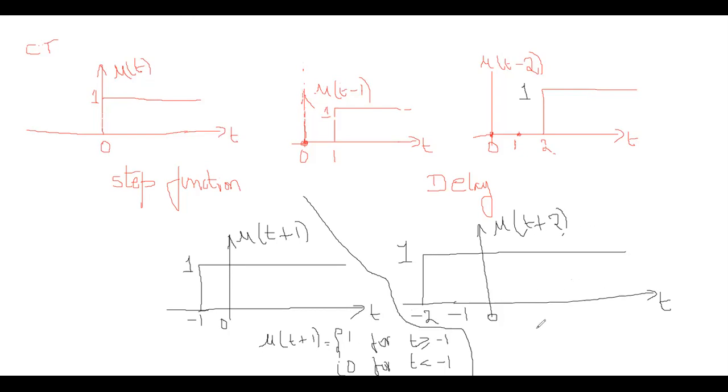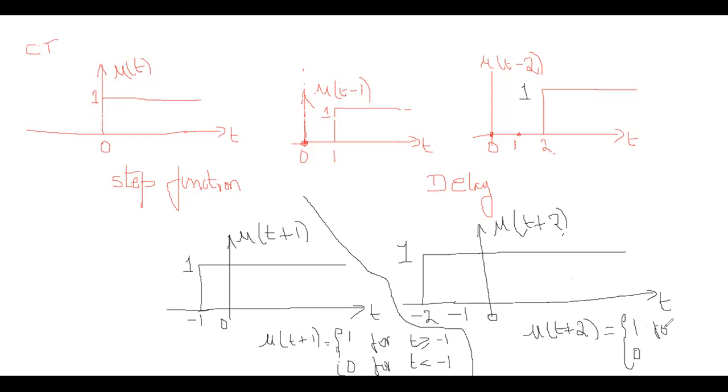Now coming to the same thing, mu of t plus 2, is equal to 1. There is no change in the magnitude, only the shifting operation occurs in the time period. So I am shifting the time only.